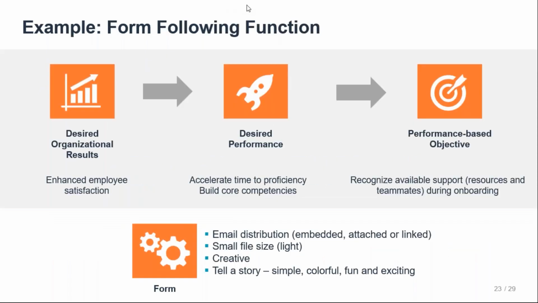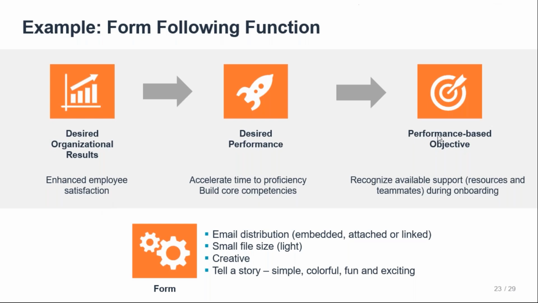And here is just an example to make the path very clear. For one of our customers we worked with, it was an onboarding program, so they wanted to ensure employee satisfaction. That was a desired organizational result, so that new talented employees stay with the company, stay loyal, and reduce attrition rates. And the desired performance was to accelerate their time to proficiency and build competencies.